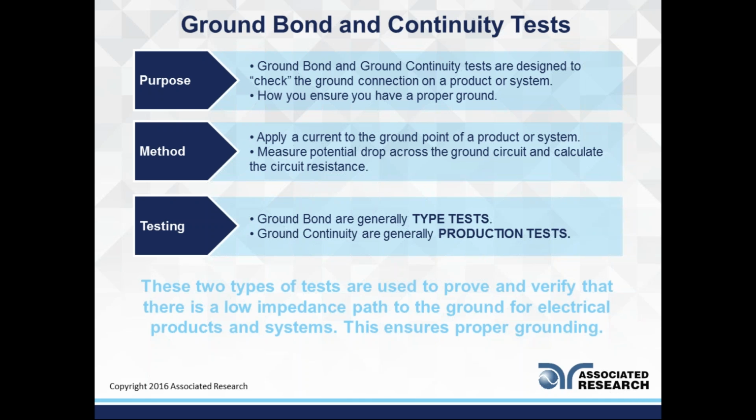Ground bond tests are generally type tests. Recent trends have shown that a lot more people are using it in production. We'll expand into that a little bit later. Ground continuity tests are generally production tests. These two types of tests are used to prove and verify that there is a low impedance path to ground for electrical products and systems. This ensures proper grounding.